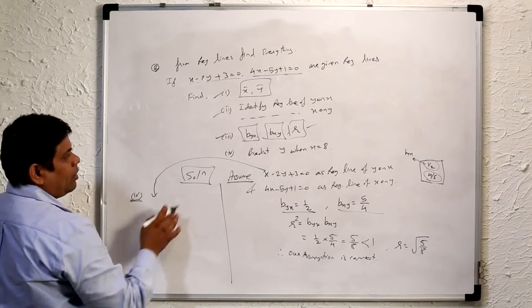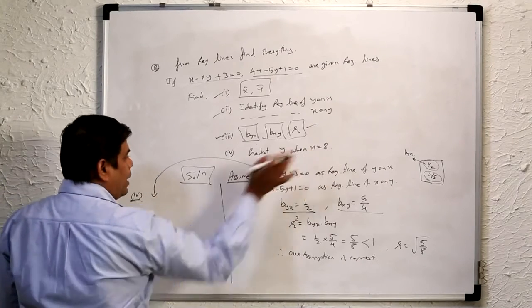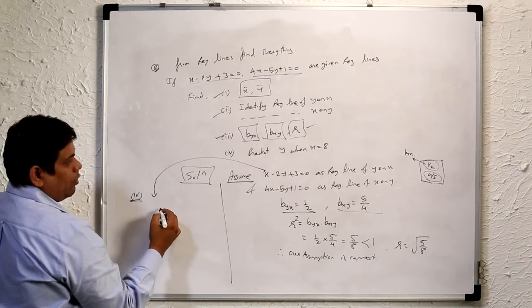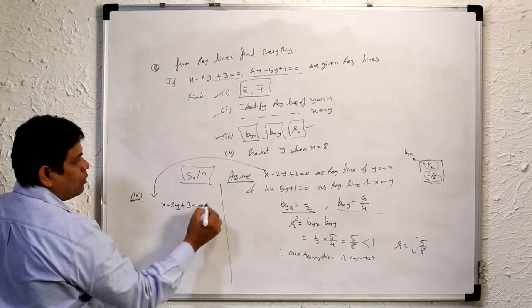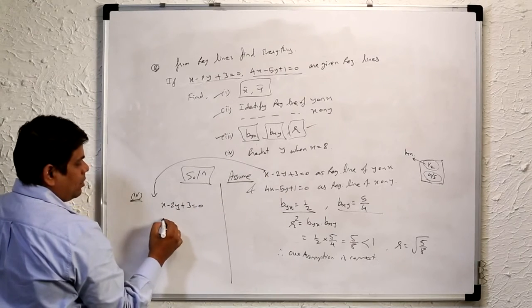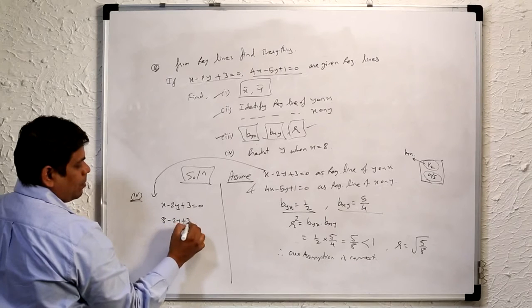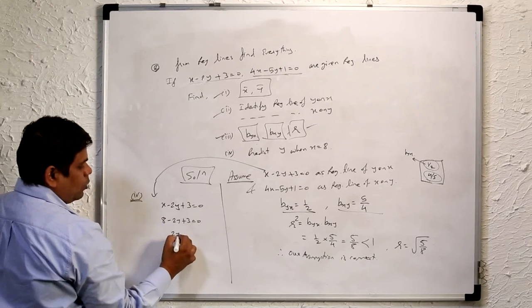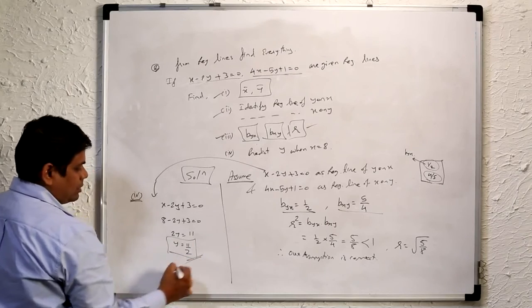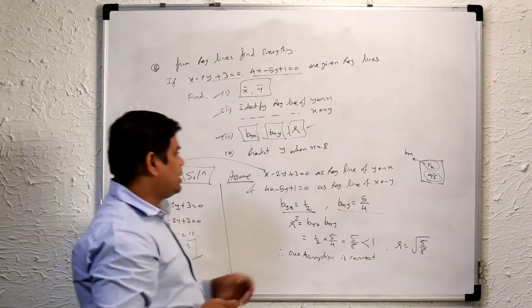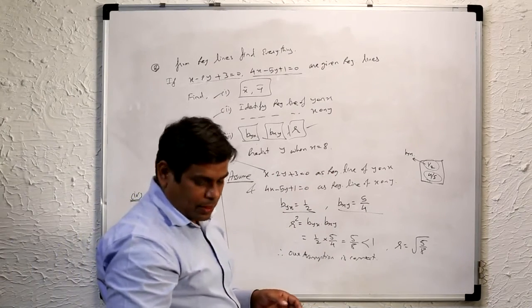So for finding y when x equal to 8, use the regression line of y on x, that is x minus 2y plus 3 equal to 0. So replace x equal to 8. So you will get 2y is equal to 11, y is equal to 11 by 2. That's the answer. So this is how you are going to solve sums of regression lines.